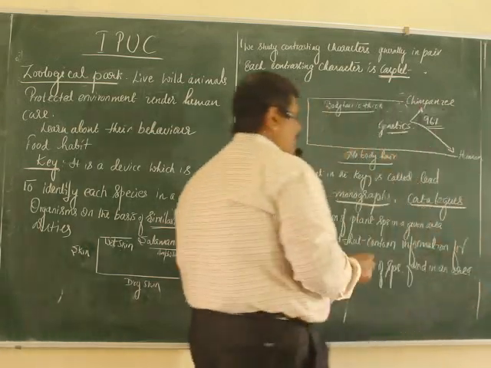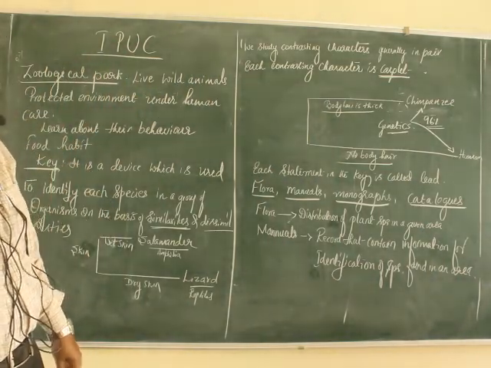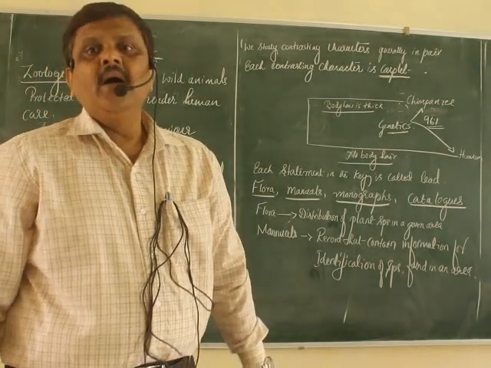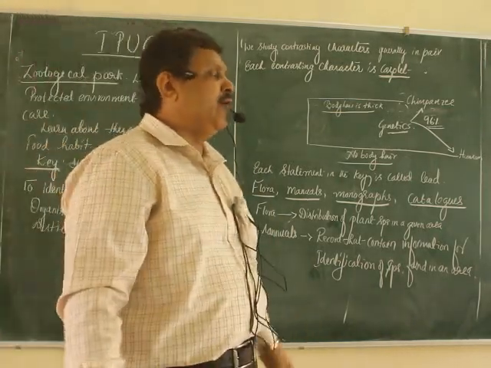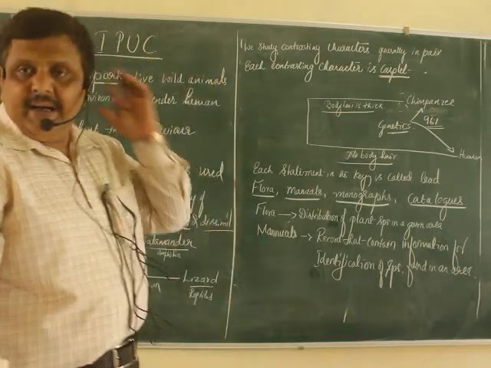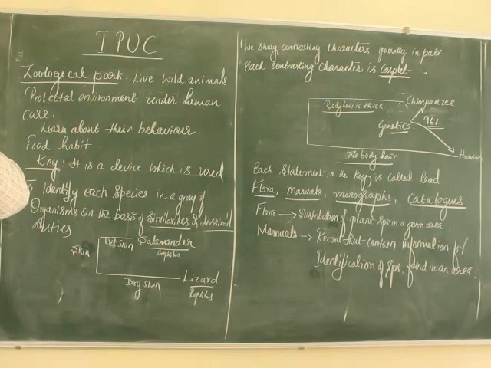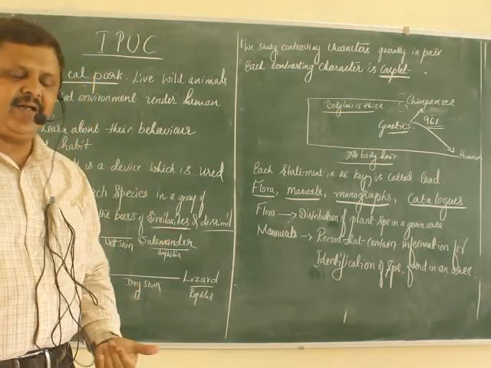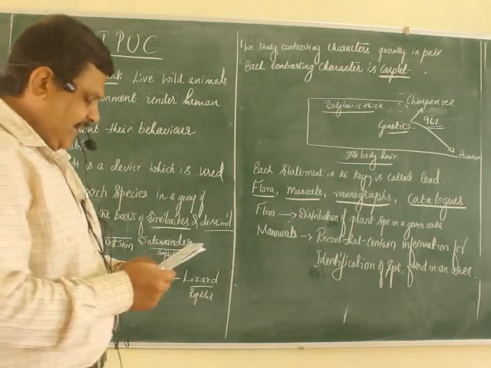What type of information may a manual contain? It may contain a photo of the organism, the habitat where it prefers to live, and whether it is nocturnal or diurnal. Nocturnal or diurnal means whether it is active during night time or daytime, etc.